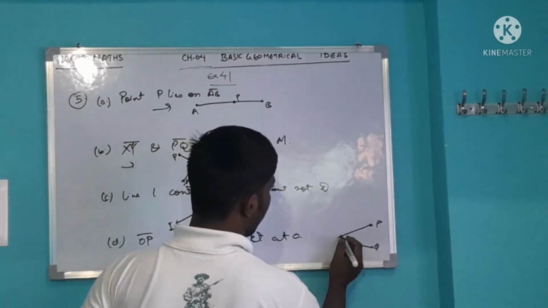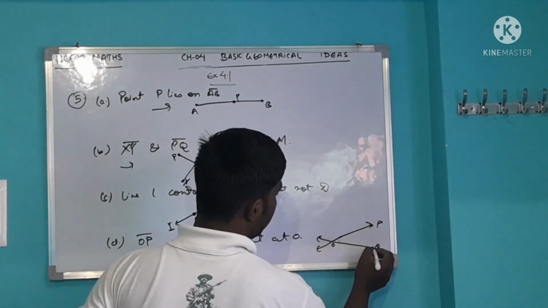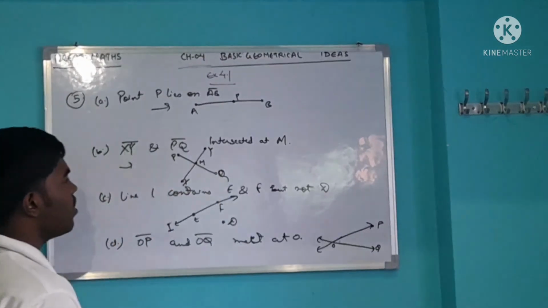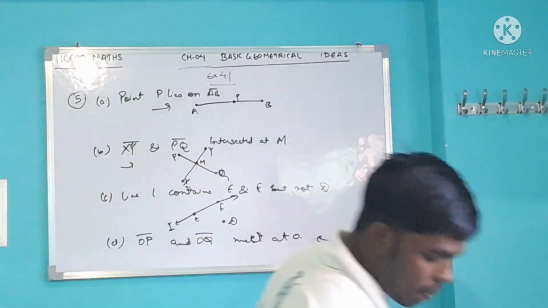We have a meeting point of all these. So it is O, and the other ends are P and Q. So these all are the 4 representative figures of our fifth question.